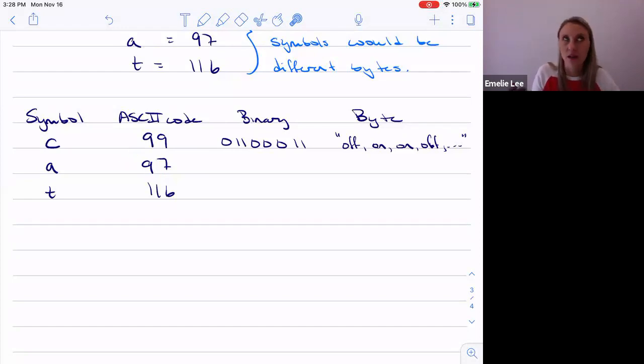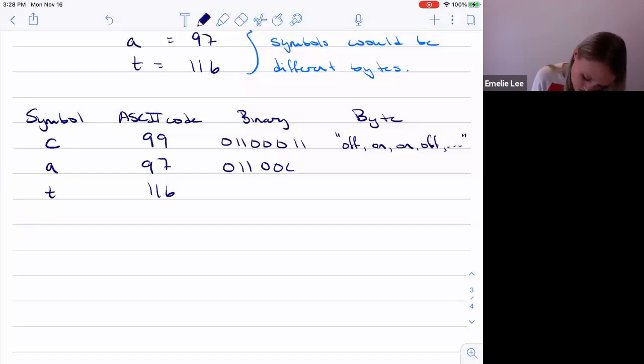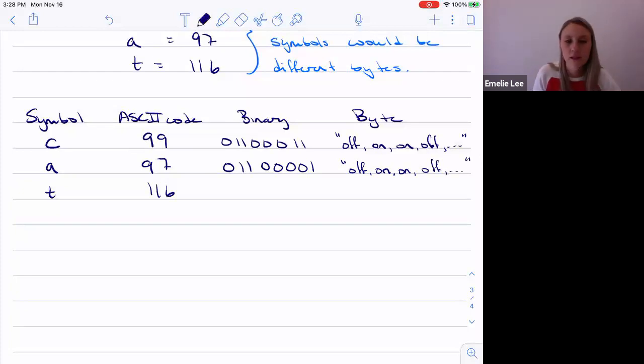Then 2 goes into that, how many times with the remainder, and then figure out your binary. But here we go, 0, 1, 1, and then 1, 2, 3, 4, 1, 2, 3, 4, 1. So here, this is off, on, off. They'll start the same.